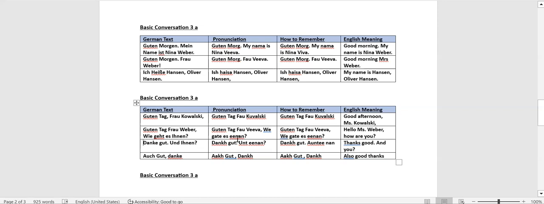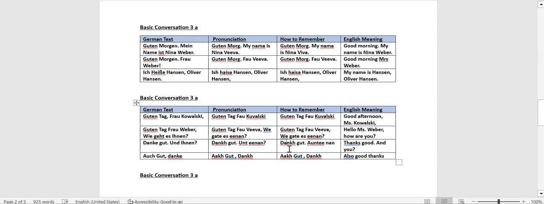So the next sentence, let's look at the spelling. Danke, gut. Und Ihnen? What does this mean? This means I'm good, and you? How about you? How to pronounce this in German? Danke gut. Und Ihnen? Und Ihnen means and you.